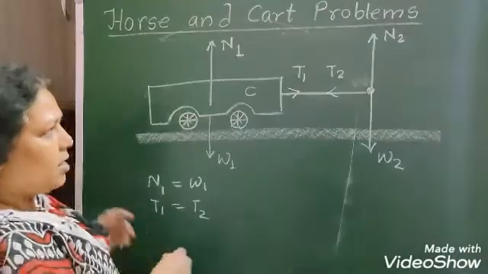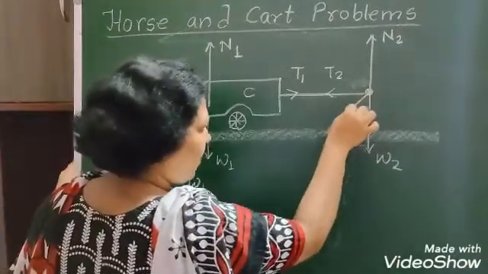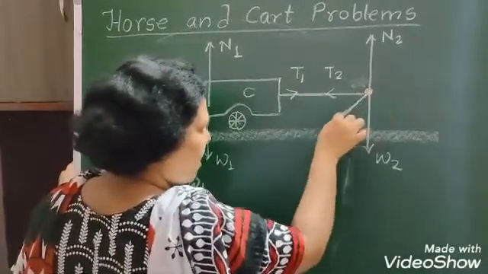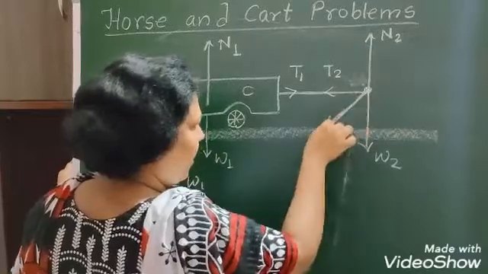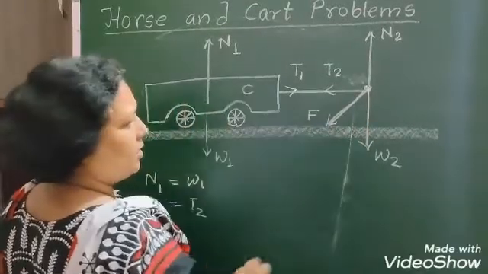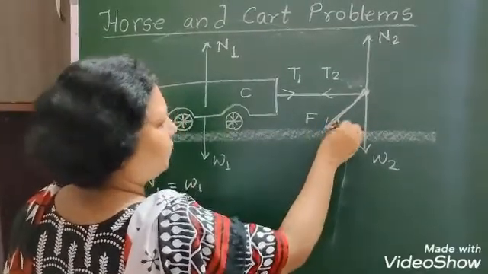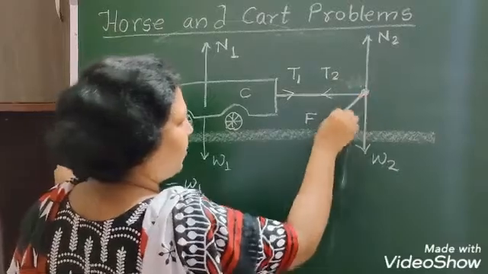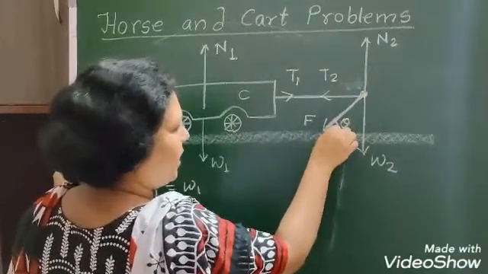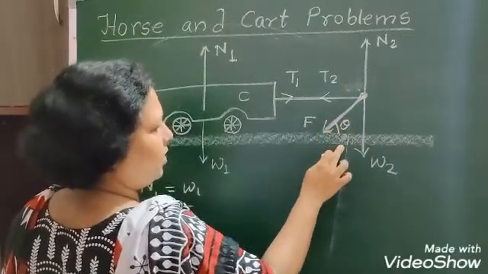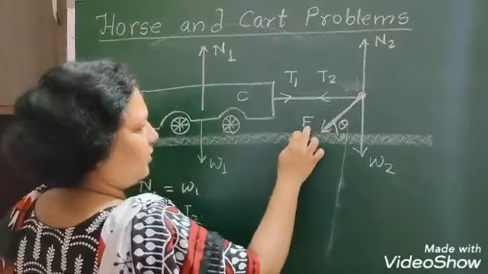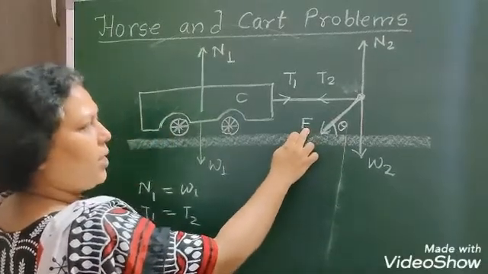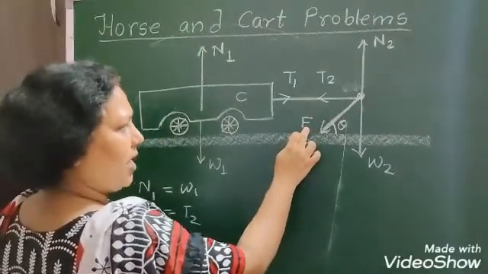So here the horse is applying a force, which we have indicated here with the capital letter F.